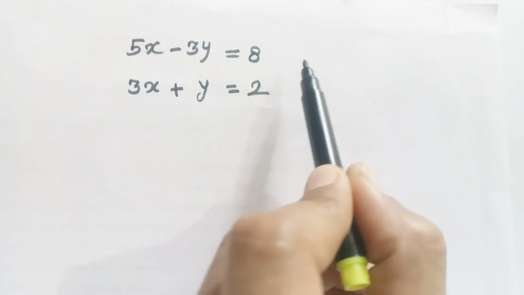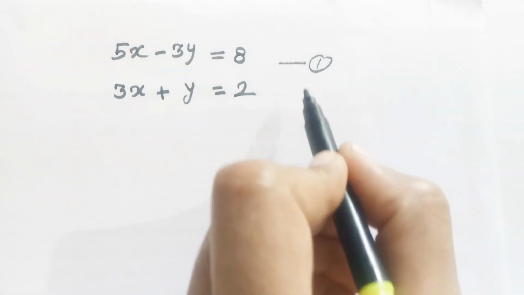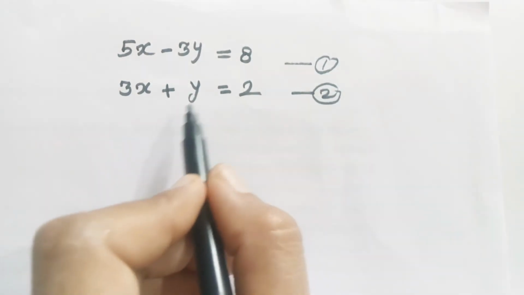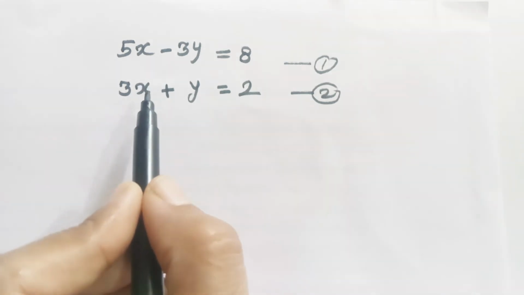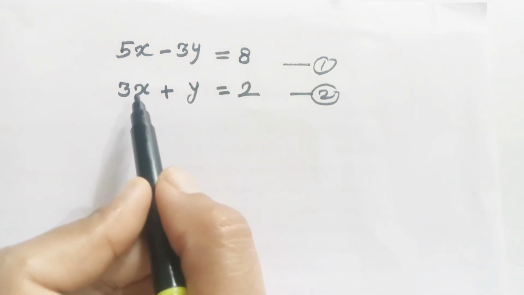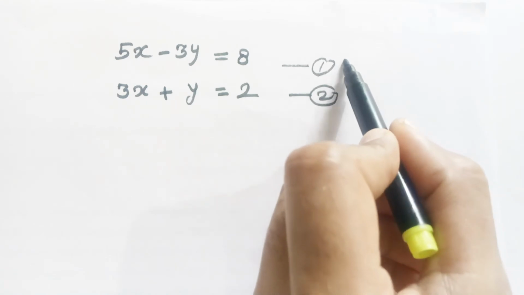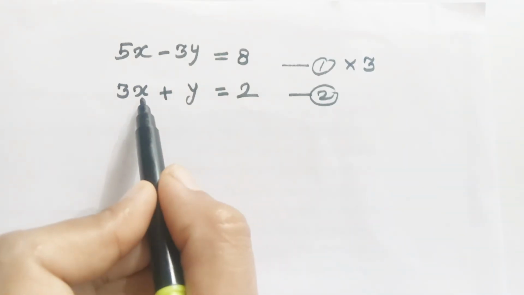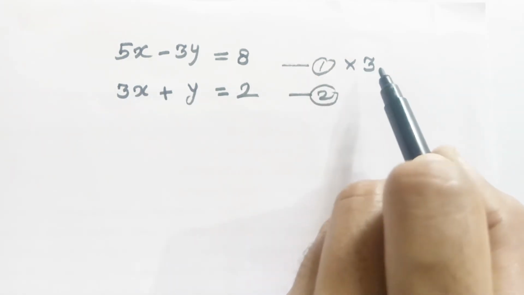Consider the first equation as equation number 1 and the second equation as equation number 2. Now we have to eliminate any one variable. Suppose I want to eliminate variable x. The coefficient of x in equation 2 is 3, so I multiply equation 1 by 3.